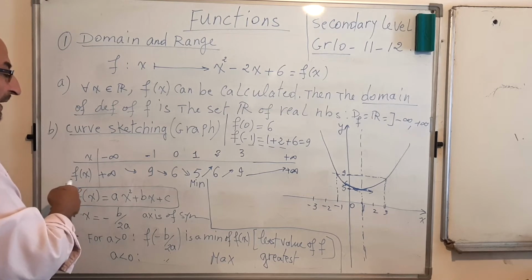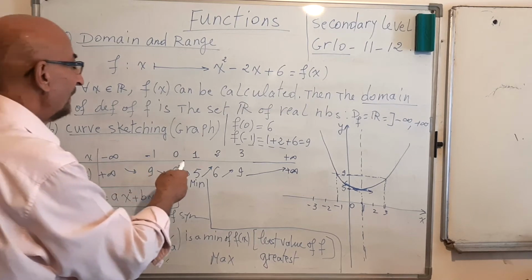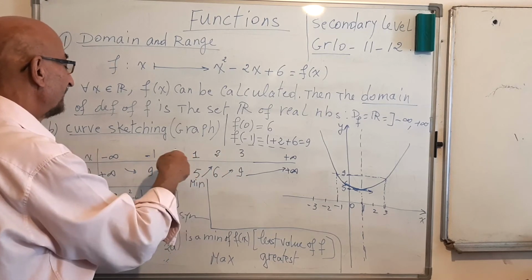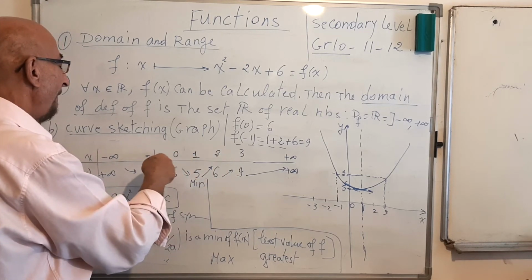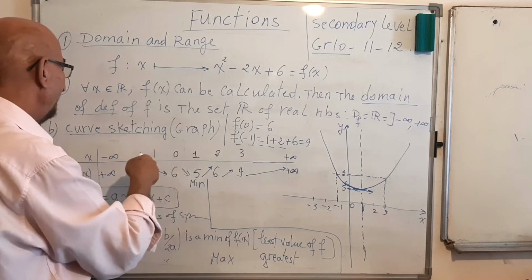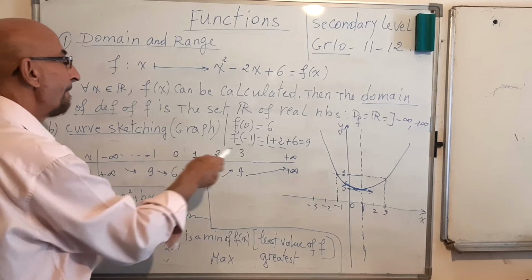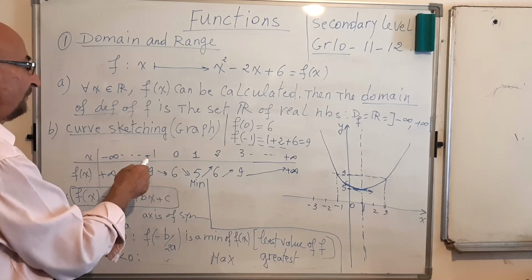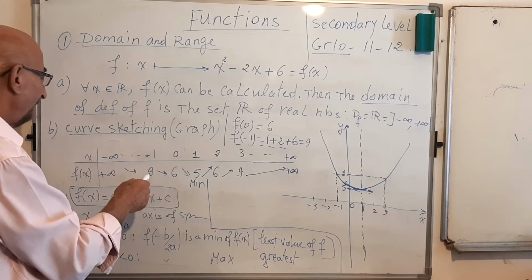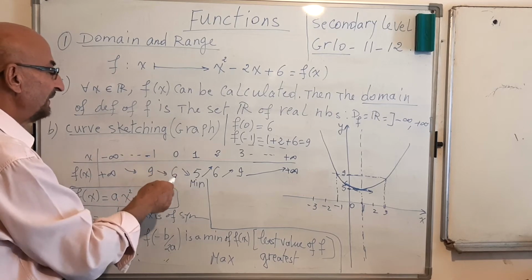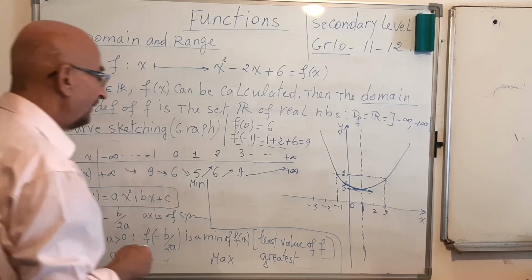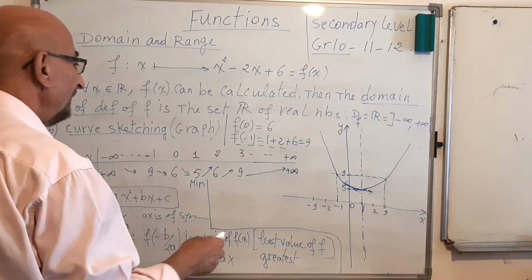The values of f of x for some values of x: minus 1, 0, 1, 2, 3, etc. We calculate f of x. For x equals minus 1, f of x equals 9; f of 0 is 6. For x equals 1, f of x equals 5, etc.